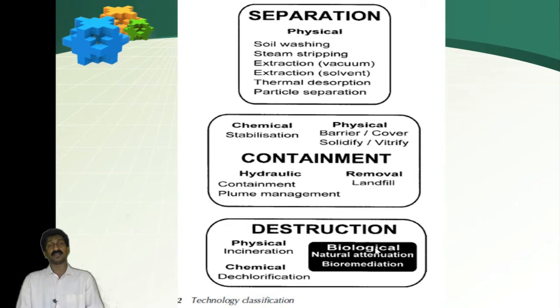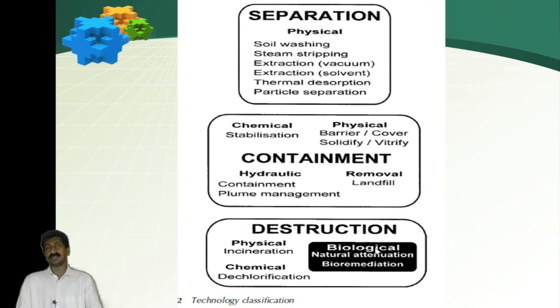Then another one, biological methods, that includes natural attenuation and bioremediation based methods. All these are destruction of the compound, where we completely remove it, or finally the final target of mineralization is achieved during the destruction stage, especially through bioremediation.